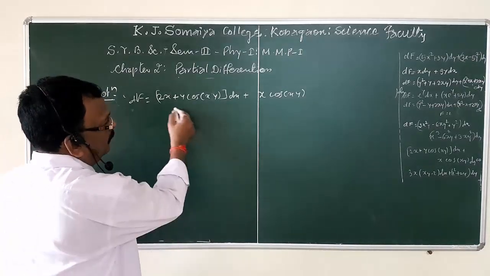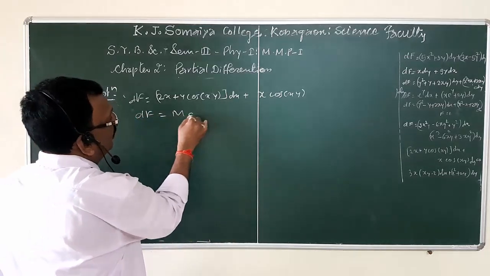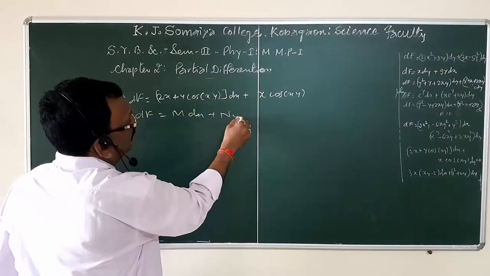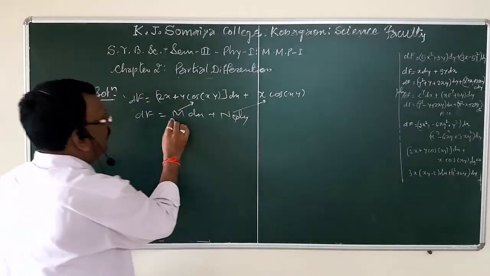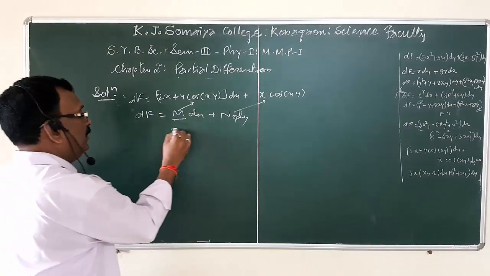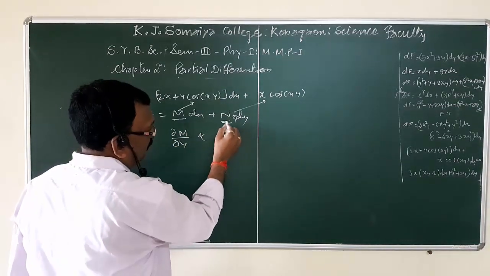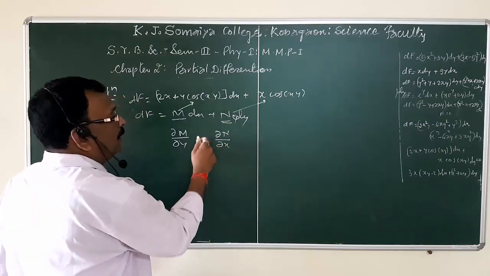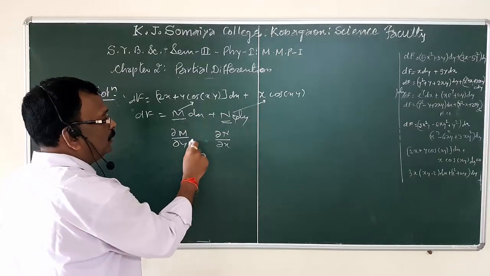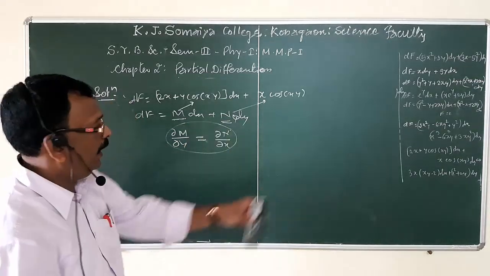Again compare this given differential equation with the standard format of exact differential, that is m dx plus n dy. This is the value of m and this is the value of n. Differentiate m with respect to y, that is ∂m/∂y, and differentiate n with respect to x, that is ∂n/∂x. It is found that both the differentiations show the same result and hence satisfy the condition for exact differential.